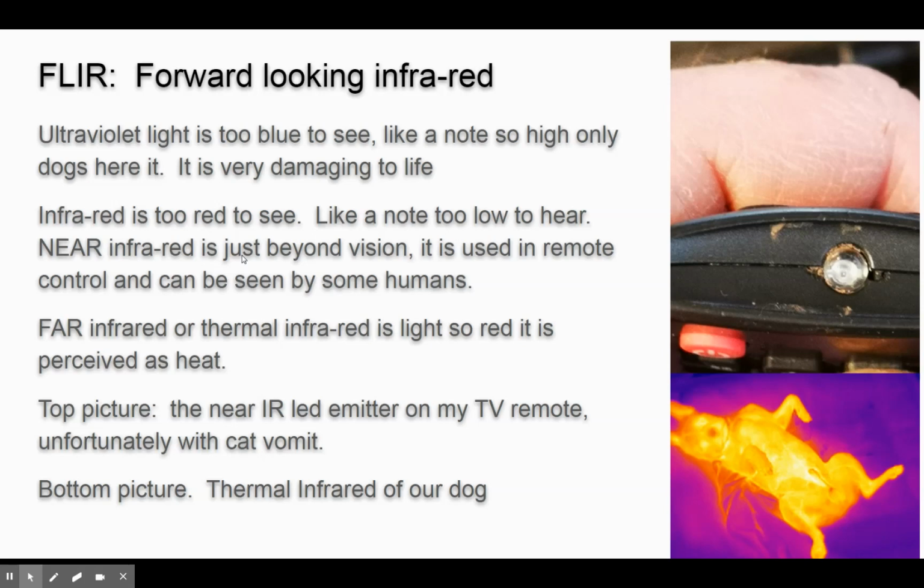It is used in TV remote controls and can be seen by some humans. So if you take your TV remote, like mine there, that unfortunately got cat vomit on it, and you point that LED at your cell phone, press the buttons, and your cell phone may record the flash of light. You may see it.